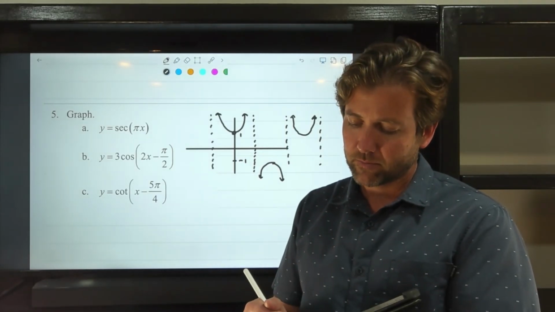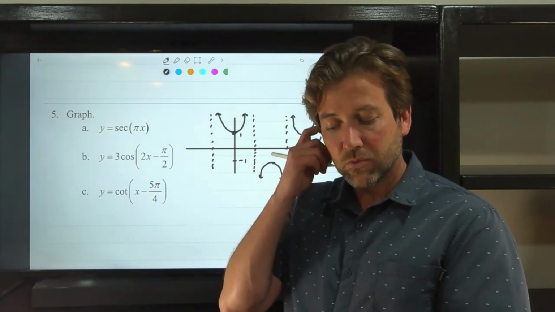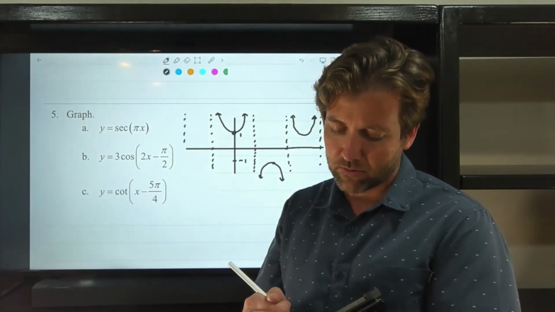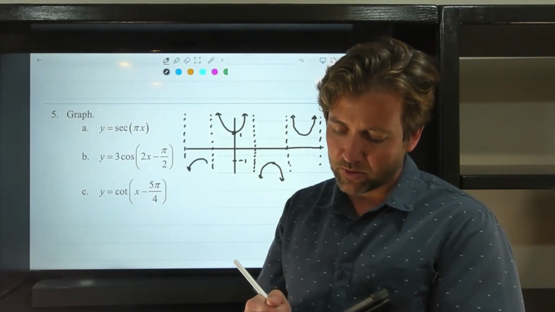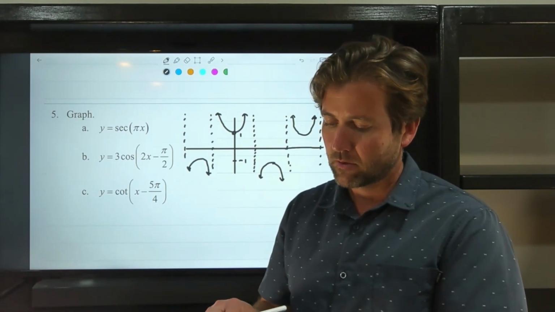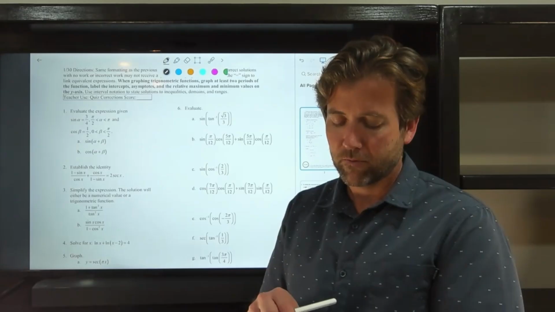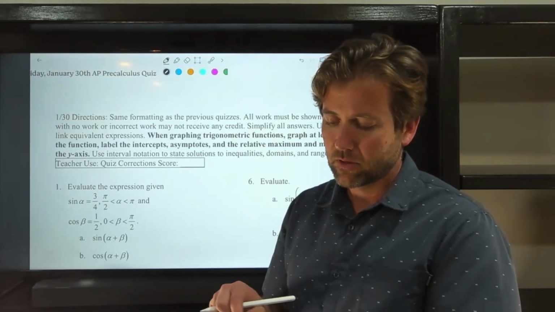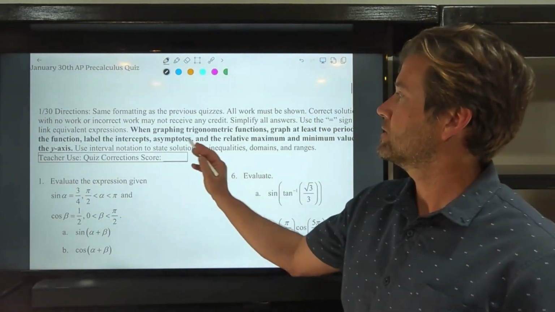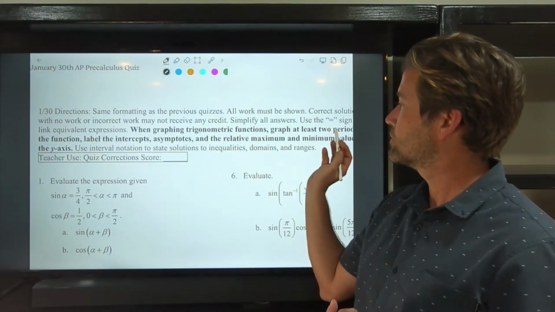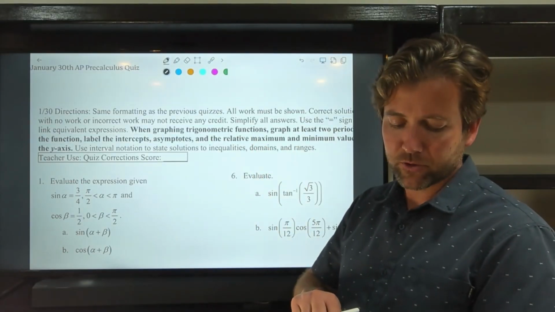Okay, so that's 1.5 periods. This will be 2 periods. If we go back to the directions, it says when graphing trigonometric functions, graph at least 2 periods of the function.